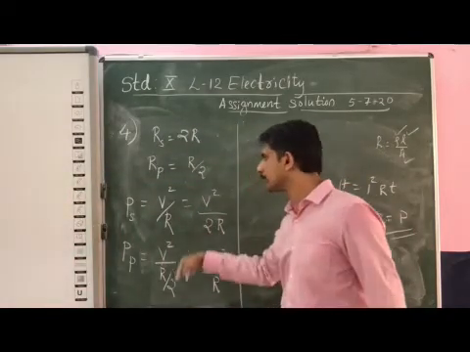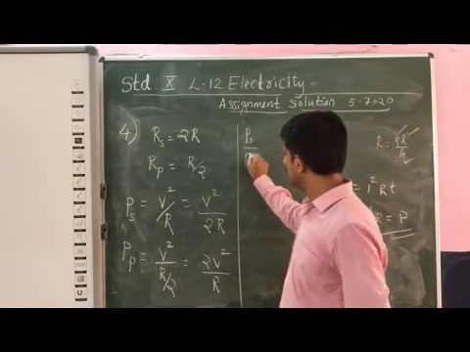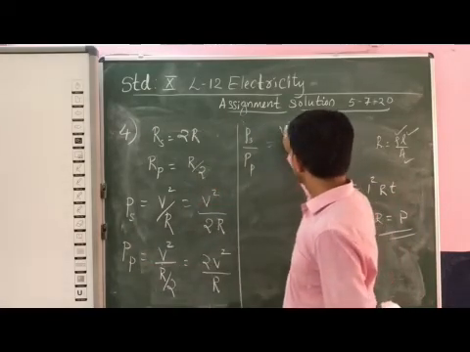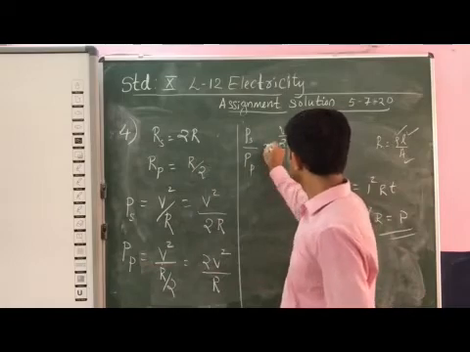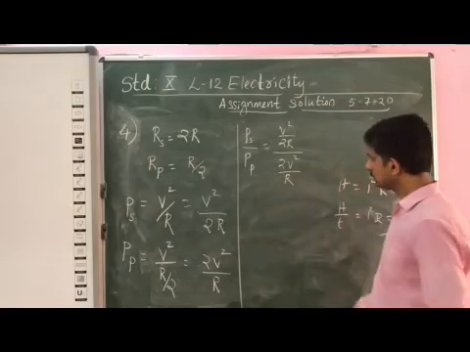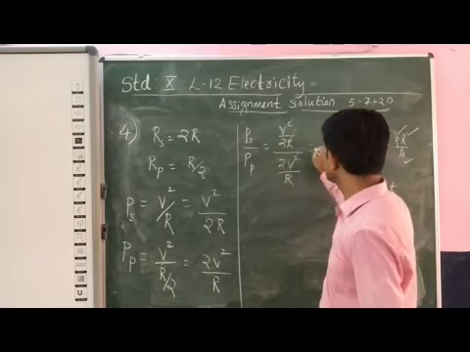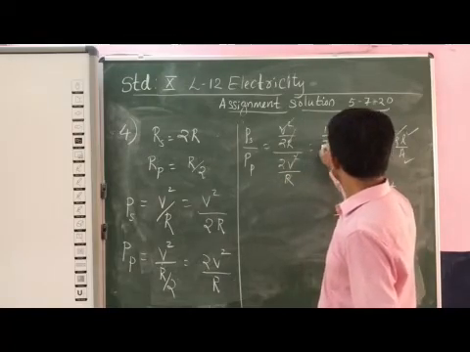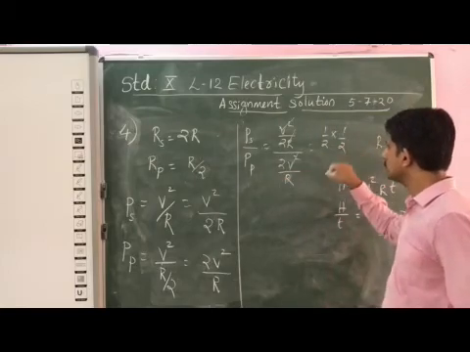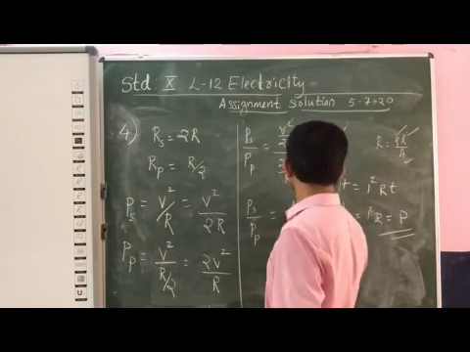PS divided by PP is V square divided by 2R, divided by 2V square divided by R. We can cancel V square divided by R, and the equation becomes 1 by 2 into 1 by 2, so PS divided by PP is equal to 1 by 4.